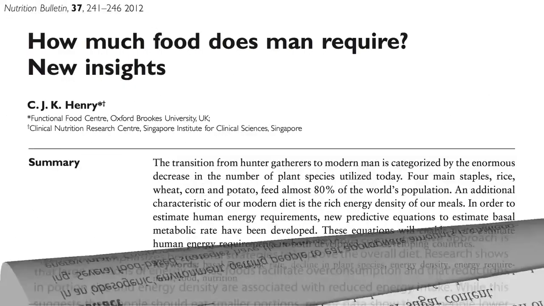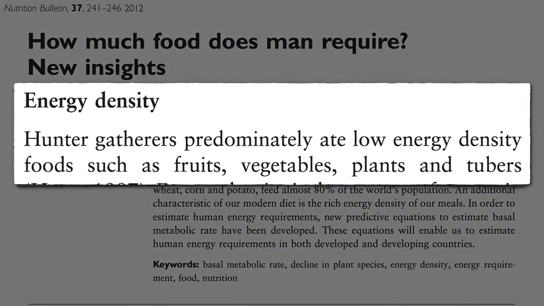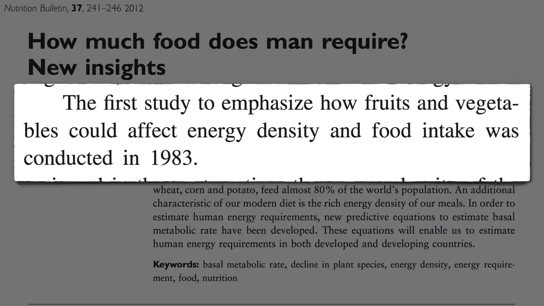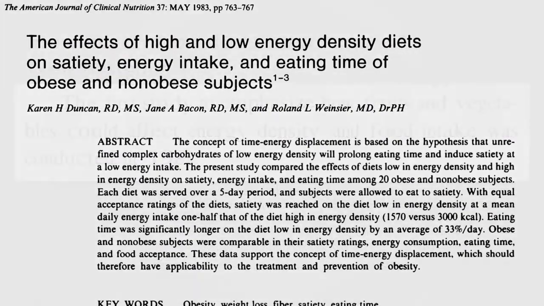And indeed, that's how we evolved, eating predominantly low energy density foods, such as fruits, vegetables, plants, and tubers, starch-filled roots like sweet potatoes. The first study to emphasize how fruits and vegetables could affect energy density and food intake was conducted more than 30 years ago.